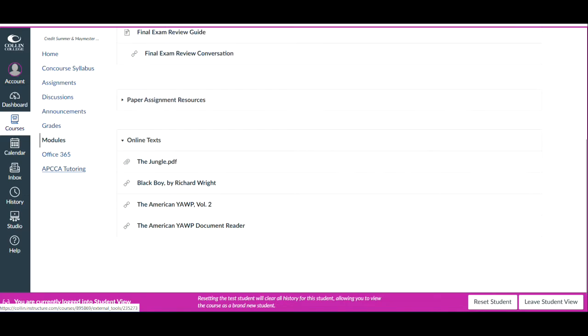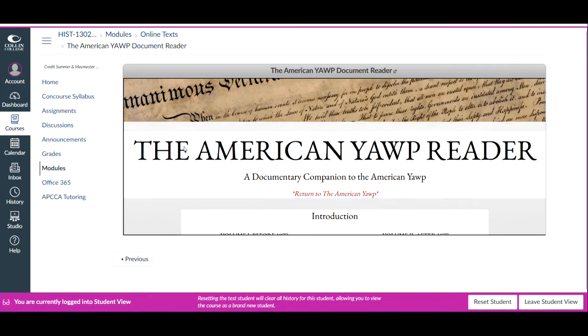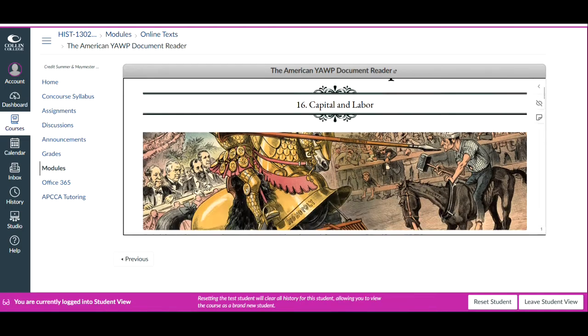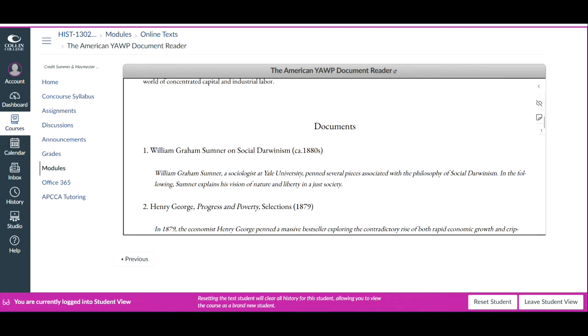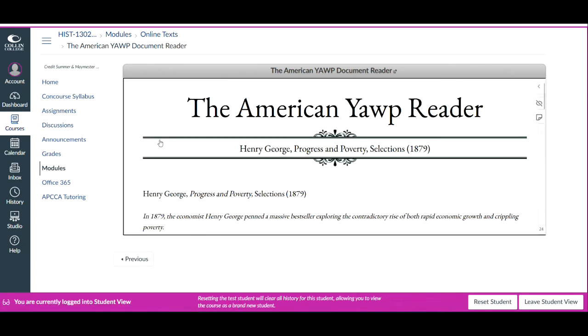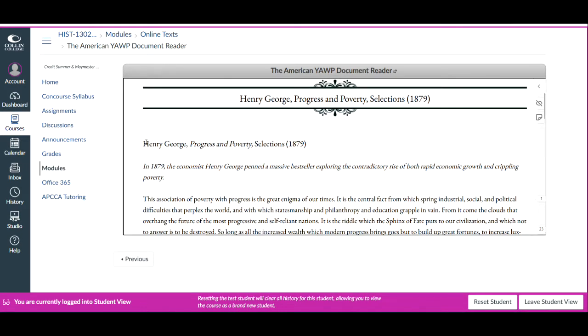If you read that piece, you're going to hear Henry George, who was a social critic at the time, and he penned a best-selling book in the 1870s entitled Progress and Poverty. In it, he describes this massive economic growth, this unprecedented rocket-like takeoff in the American economy. But he also notes that growing up right alongside this prosperity is grinding and unimaginable poverty.